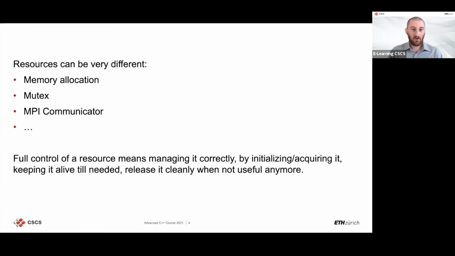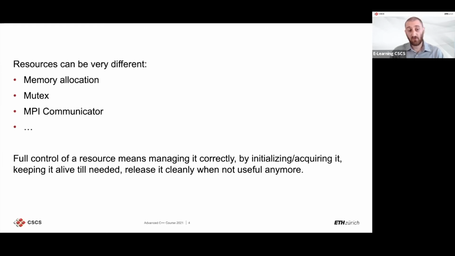Let's start talking about what a resource can be, what we have to deal with. A resource can be memory, which is the most common one, memory allocation. But a resource can also be a mutex, maybe while programming in multi-threaded environments.